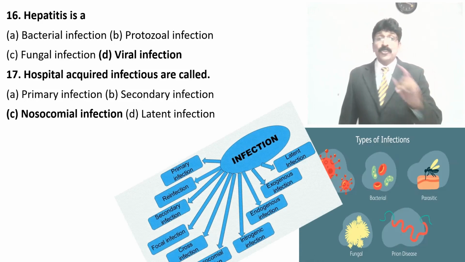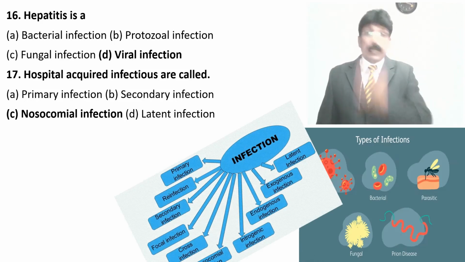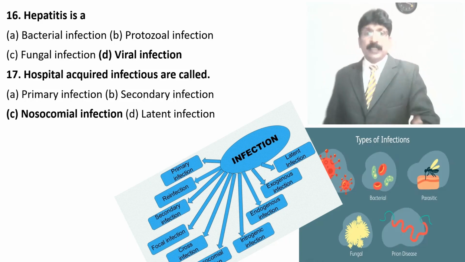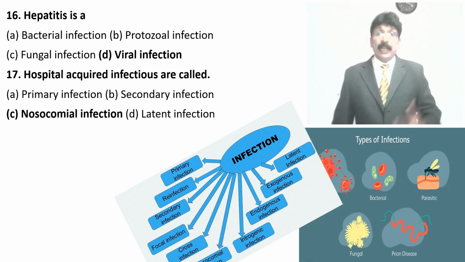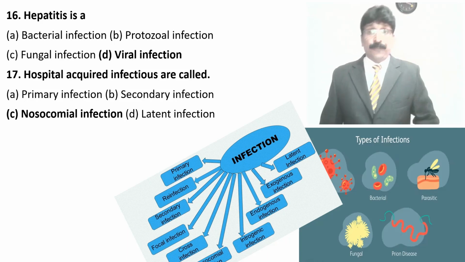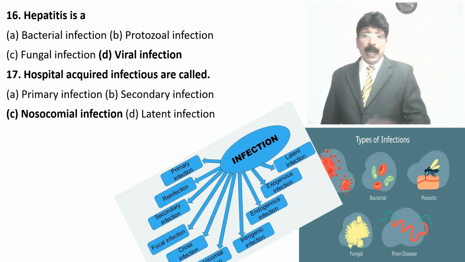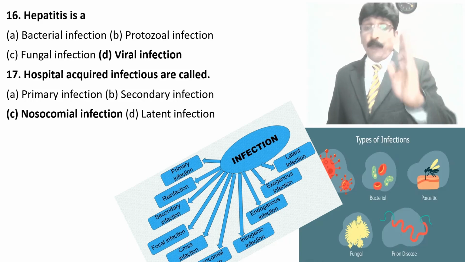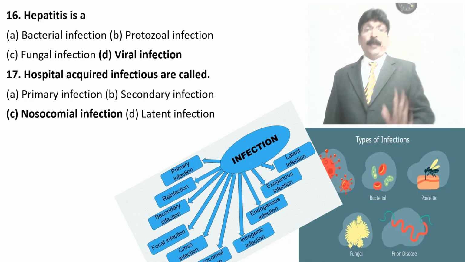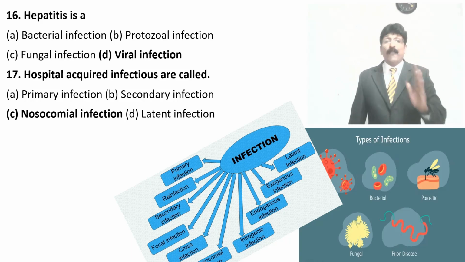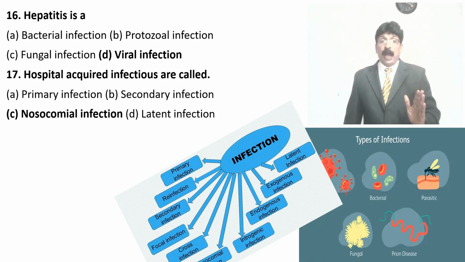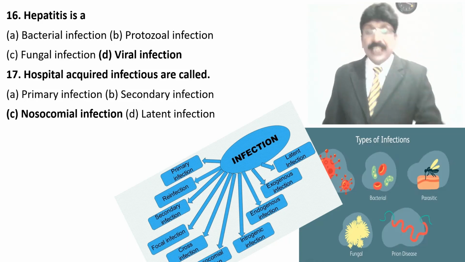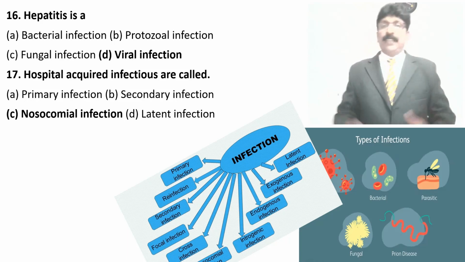But you should know what all the different types of infections are. For example, there is primary infection, reinfection, secondary infection, the secondary stage of infection, which will be more critical, and focal infection, cross infection, nosocomial infection, which is acquired from the hospital, and you can see iatrogenic infection, endogenous infection, exogenous infection, and latent infection.